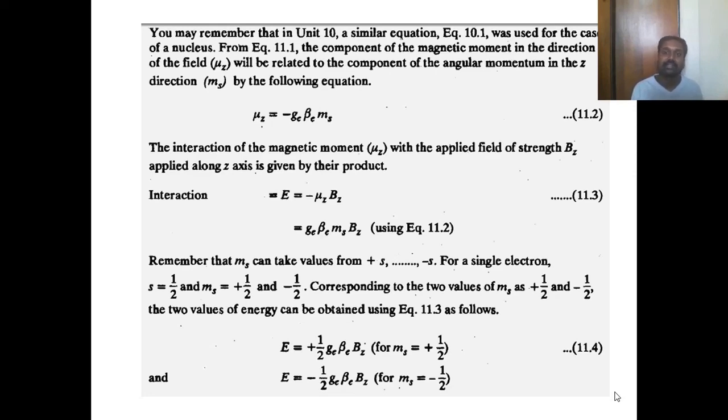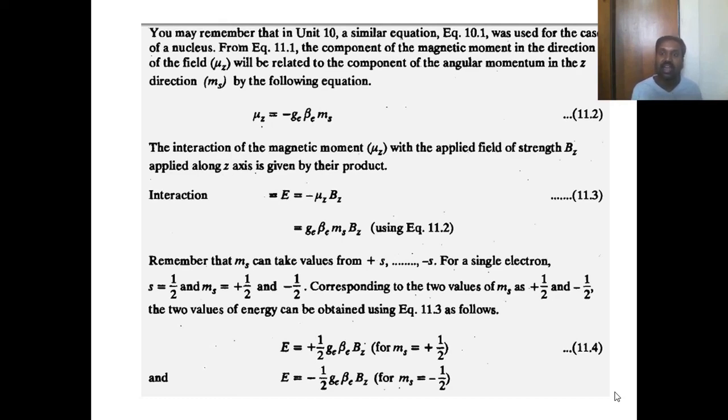The Z axis field is interacting with the magnetic moment created by the spinning electron. Now, what is this magnetic moment value in the different directions which have already been fixed, for example, the plus 1/2 direction and the minus 1/2 direction? The energy of that interaction, which interaction are we speaking of?